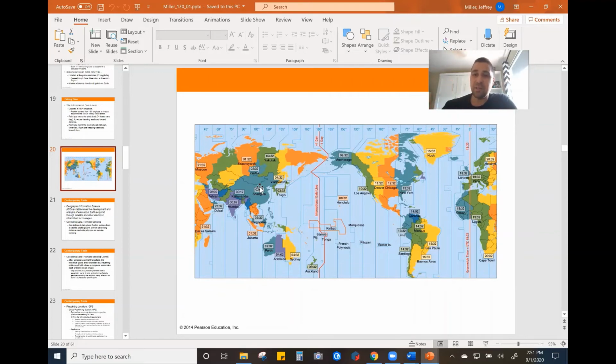Okay, so again, 3 p.m. here on the west side of China is going to be completely different than 3 p.m. on the east coast of China. And again, why did they do that?